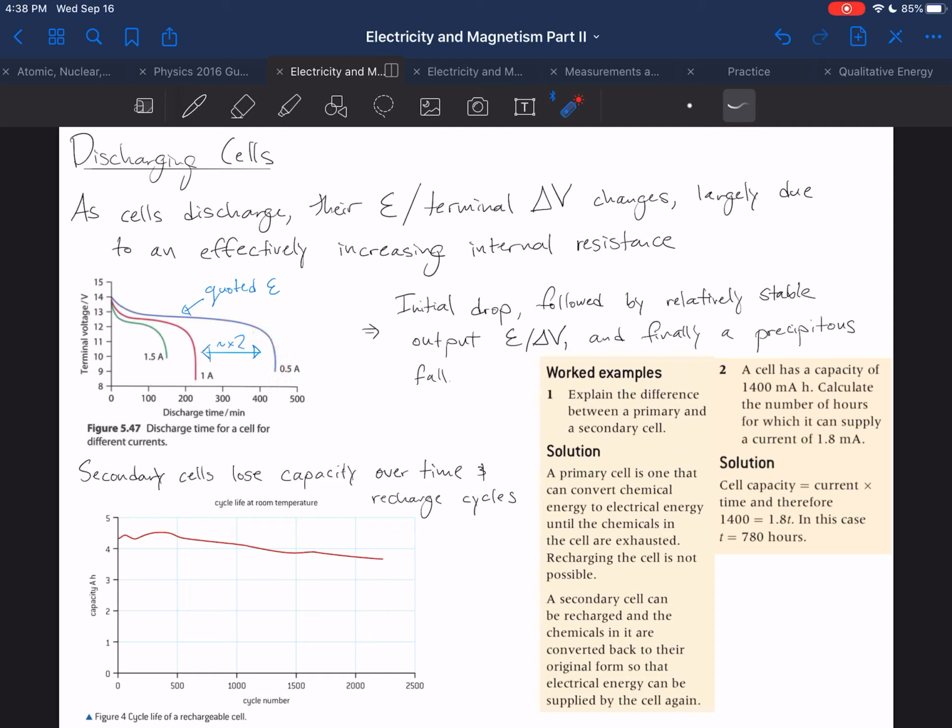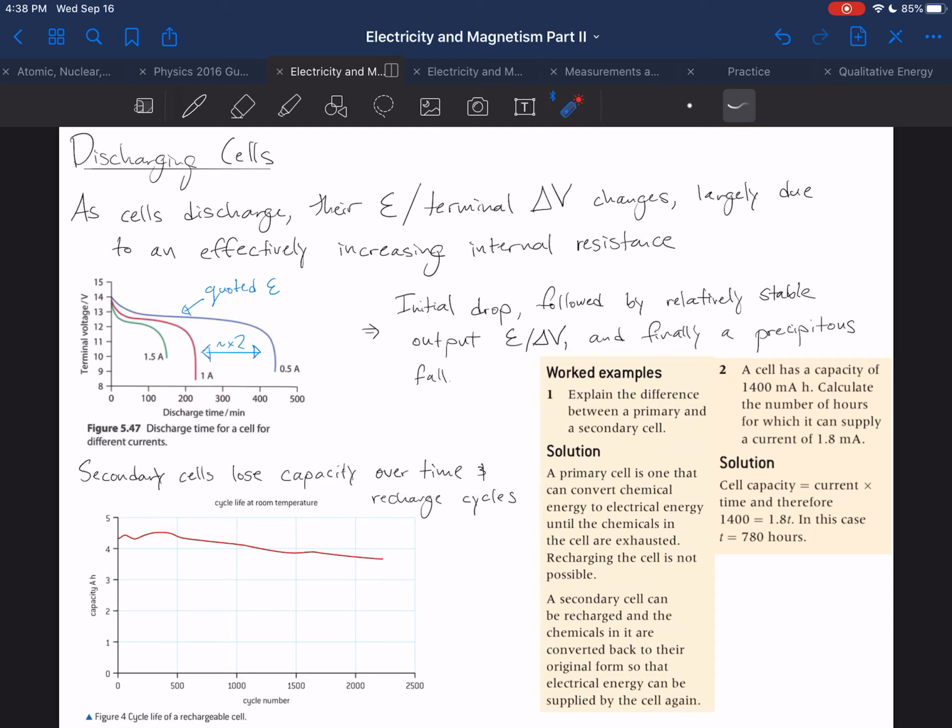Notice that this discharge curve will look different for different steady currents. This is an example of 3 discharge curves for the same initial terminal potential difference and capacity, but with different currents. Notice that if you run the same battery down using a 0.5 amp current, it has roughly twice the discharge time as a 1 amp current.